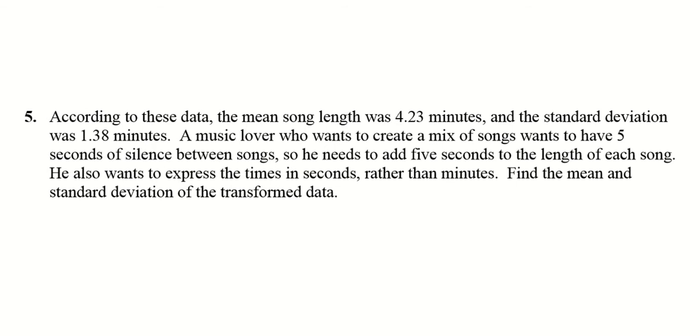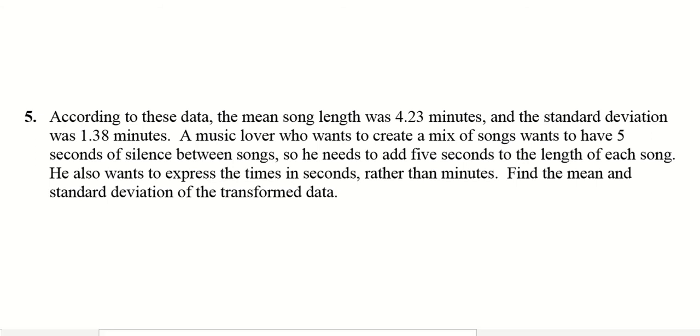So this is a tricky problem, and I'm not going to write down anything. I'm hoping that you can take my instruction and maybe some of the reading from the textbook on transformations and apply it to this problem. So what we're doing is we're transforming our data. We're going from a mean song length of 4.23 minutes and a standard deviation of 1.38.